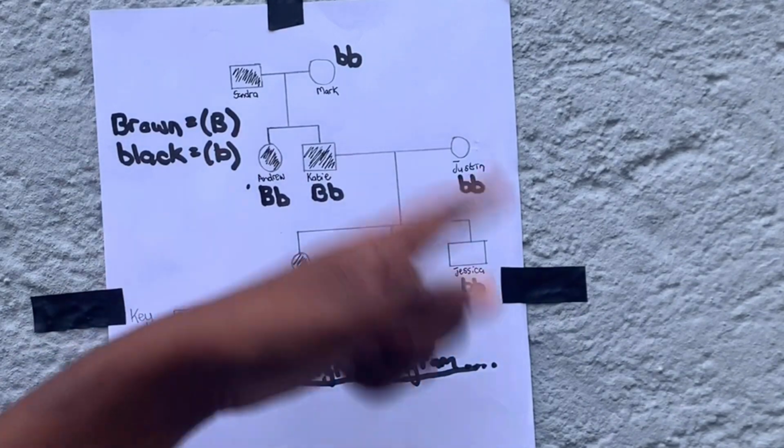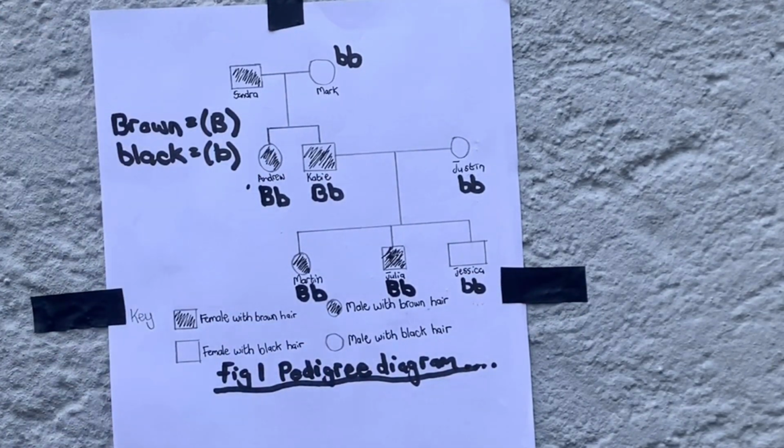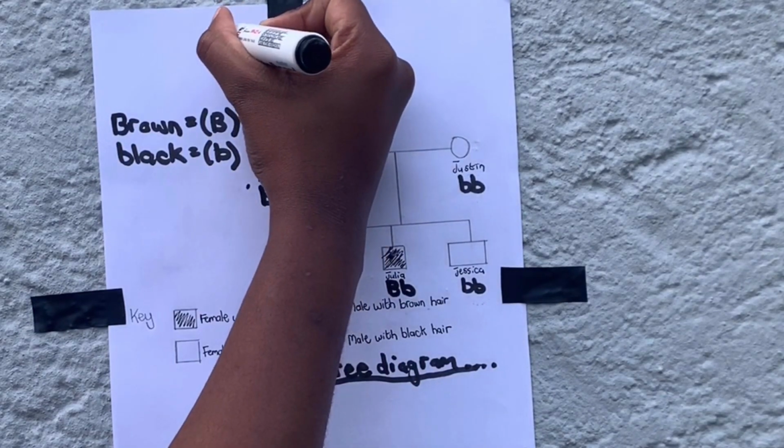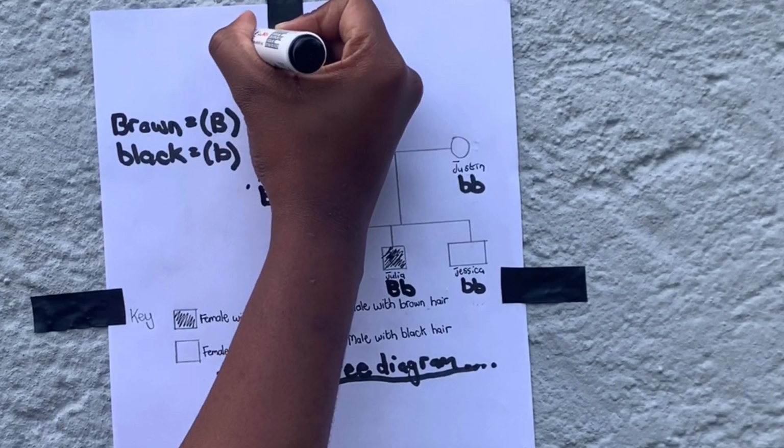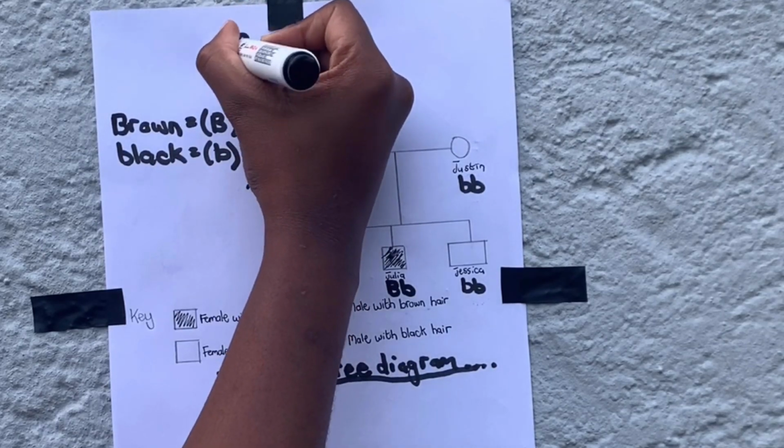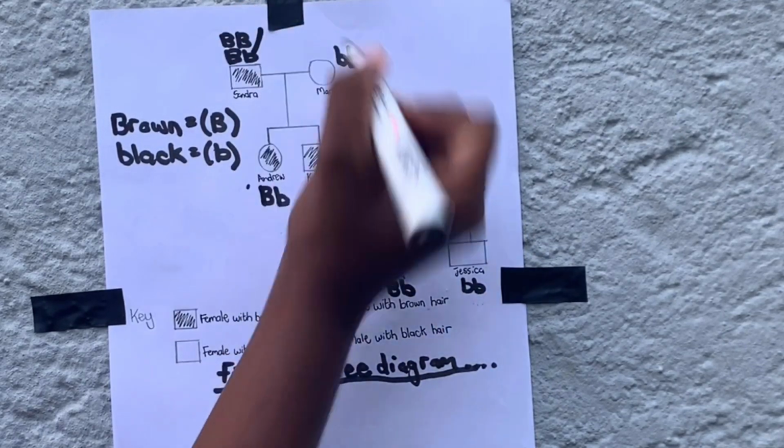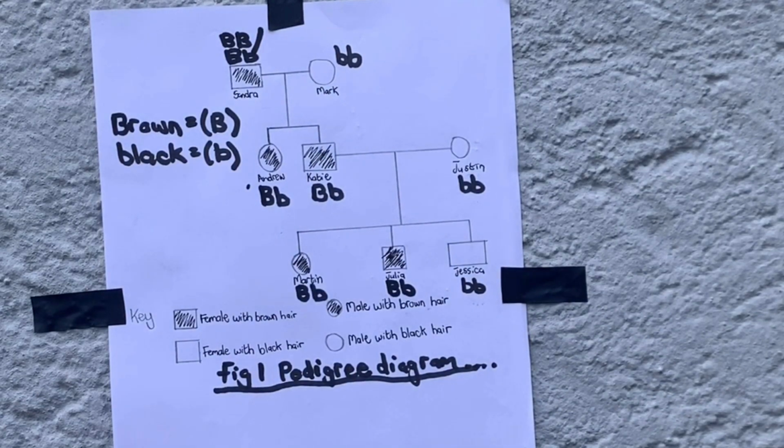So we've got everyone except Sandra, and we'll never really know whether Sandra is homozygous or heterozygous, so we'll just write her possible genotype. So we've already answered the question.